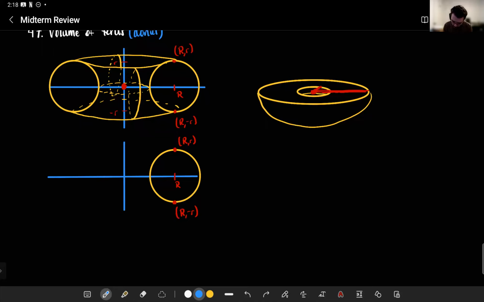And all we need to know is the general equation of a circle centered, in our case, at capital R comma 0 in the xy plane, of radius little r, right? Because that's this distance here.